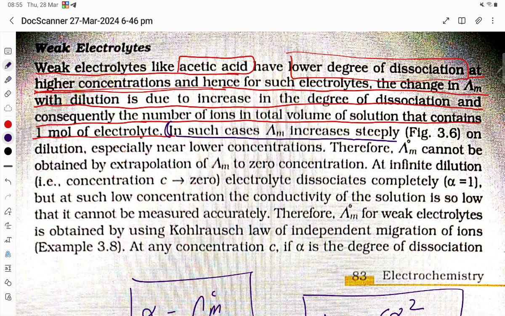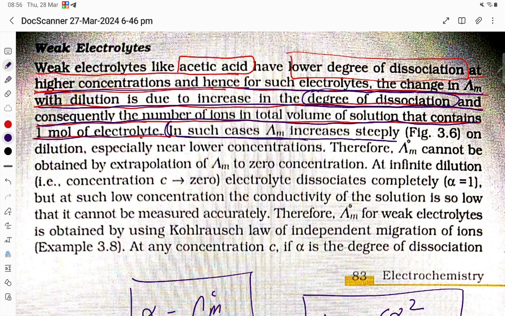Now you can read once more. For such an electrolyte, the change in lambda m with dilution is due to the increase in degree of dissociation. If you are changing the concentration, the degree of dissociation increases, meaning the number of ions increases, and consequently the number of ions in the total volume of solution that contains 1 mole of electrolyte.